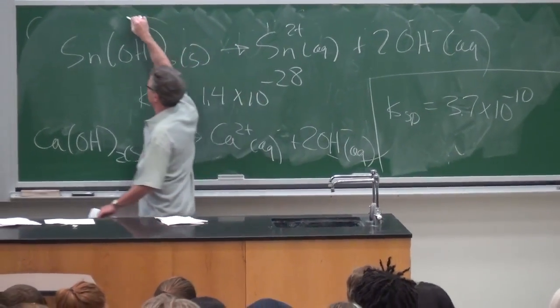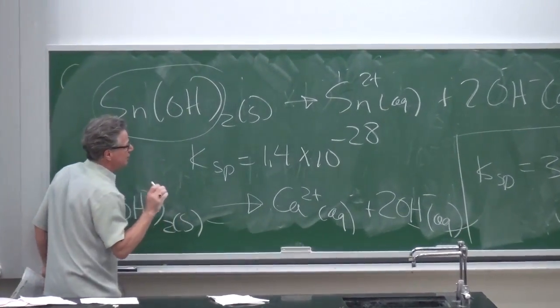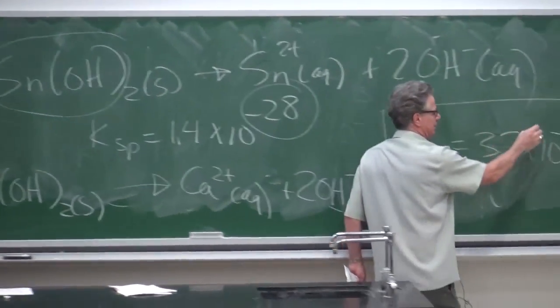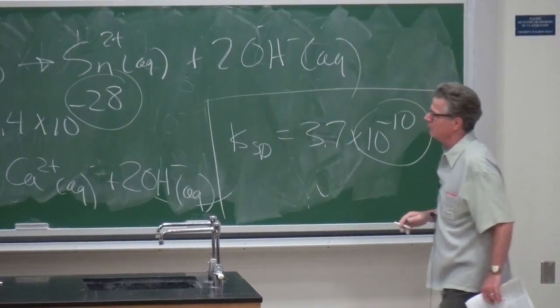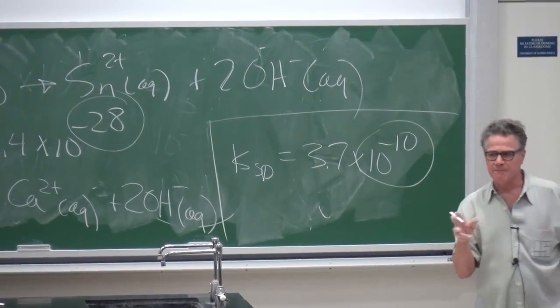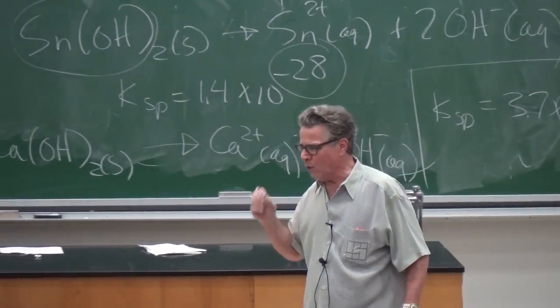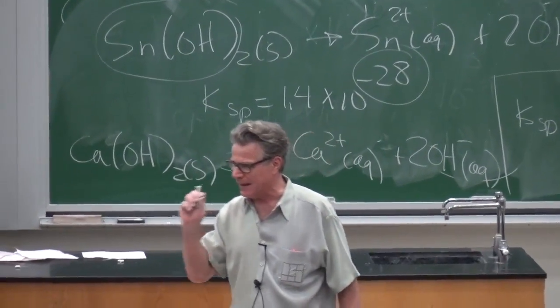hydroxide precipitates. But key thing, the huge difference in KSPs. Huge difference. What's that tell you? That tells you tin hydroxide is way less soluble than calcium hydroxide.